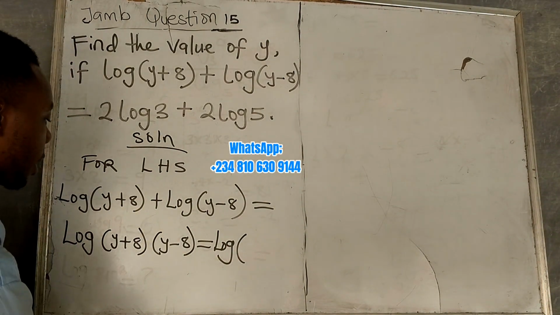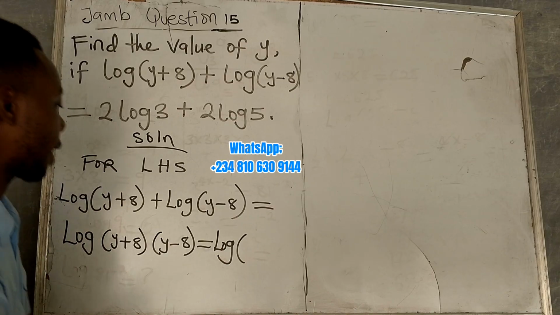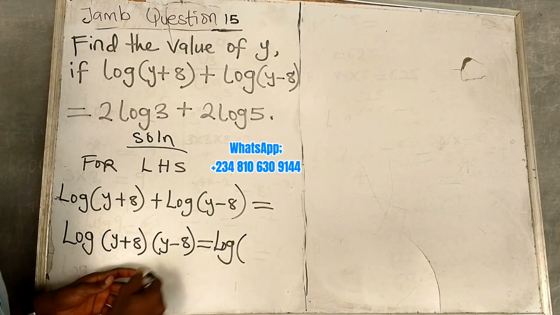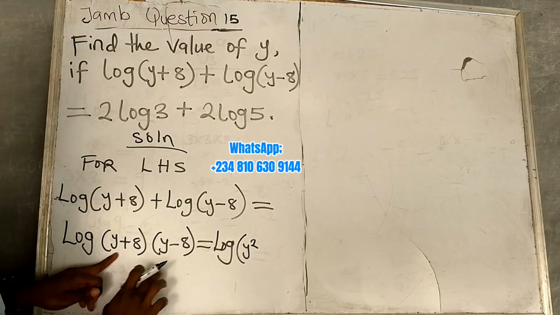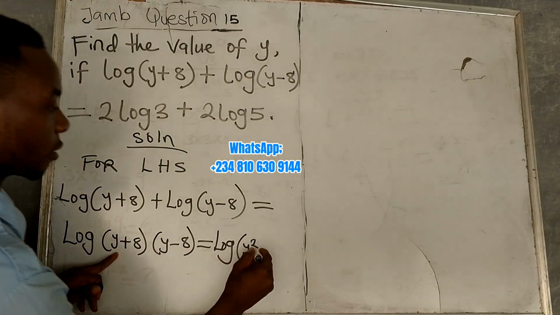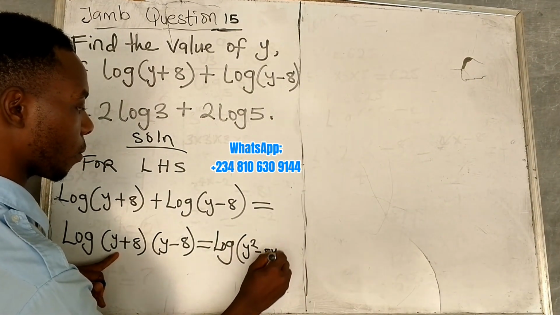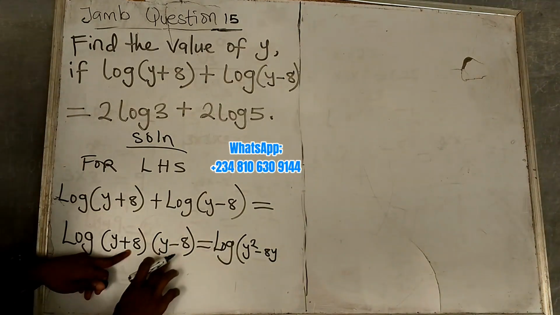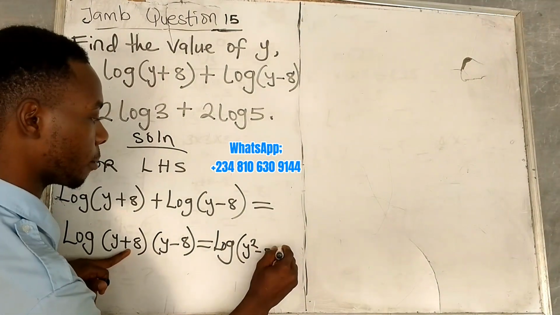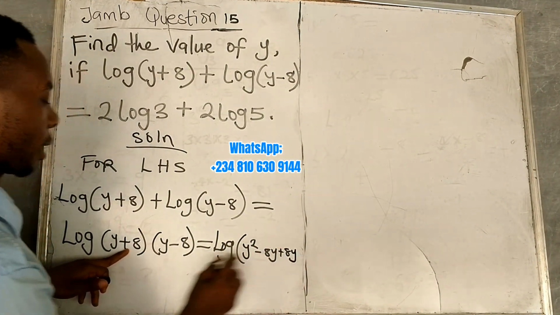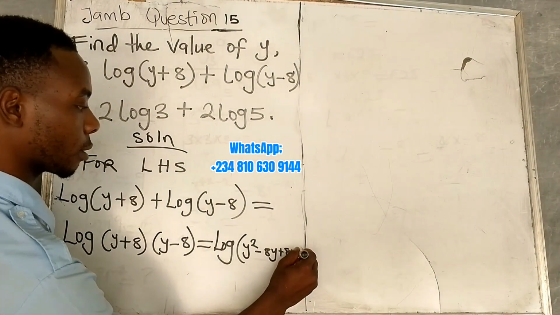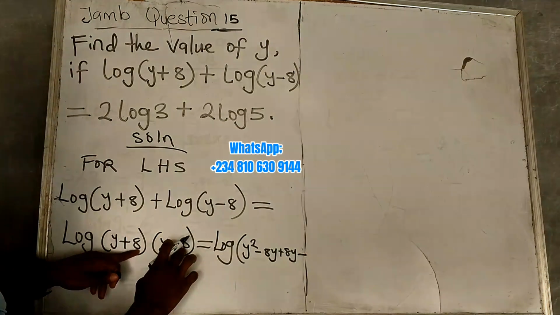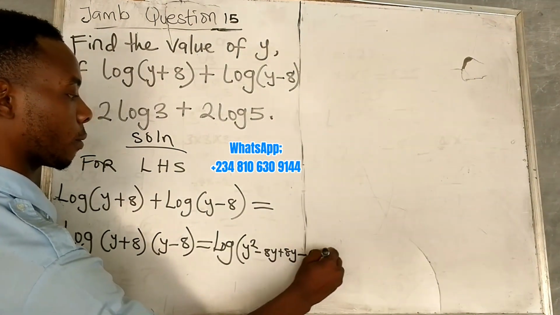You open the bracket. Now, y times y will give me y squared. y times minus 8 will give me minus 8y. Plus 8 times y will give me plus 8y. Then plus times minus is minus, then 8 times 8 is 64.